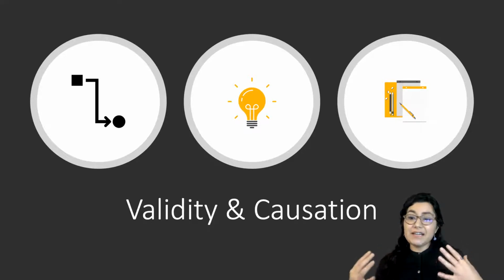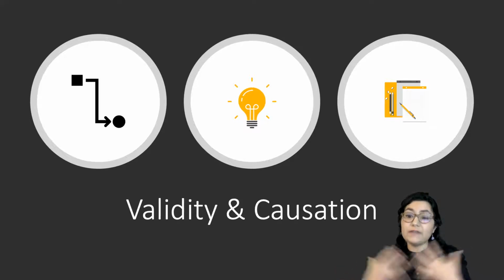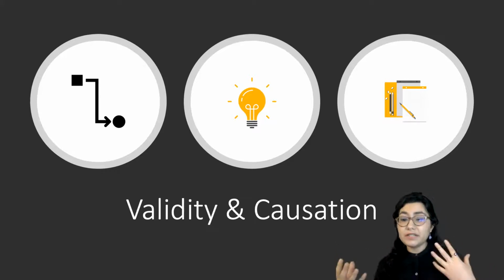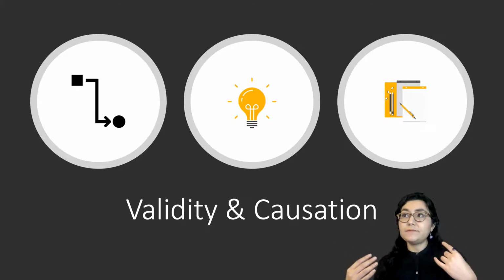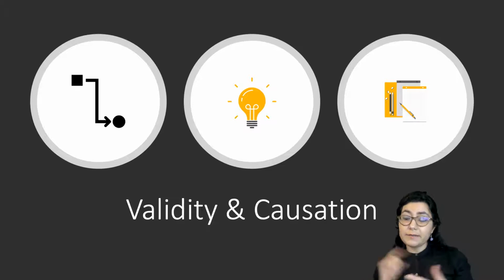So validity overall is a way in which we can assess the quality of research, whether that be in the methods portion, when we're gathering our raw material, and in the measurement portion, where we're trying to conceptualize, okay, what topics are we talking about? What are operational definitions and how do we measure that?